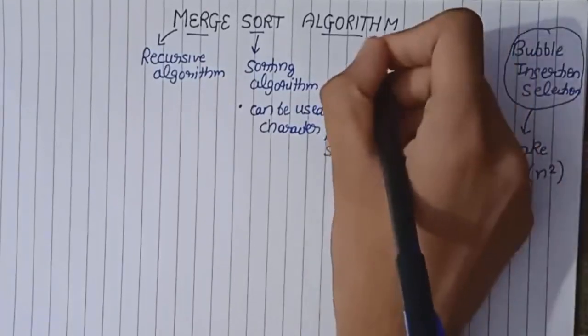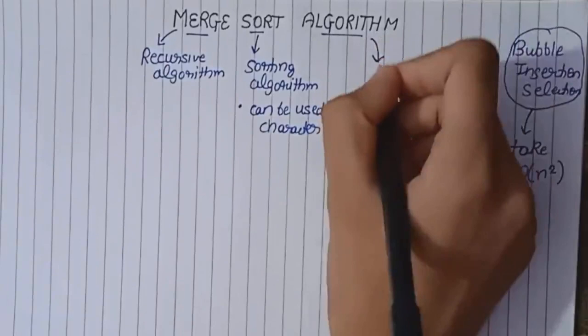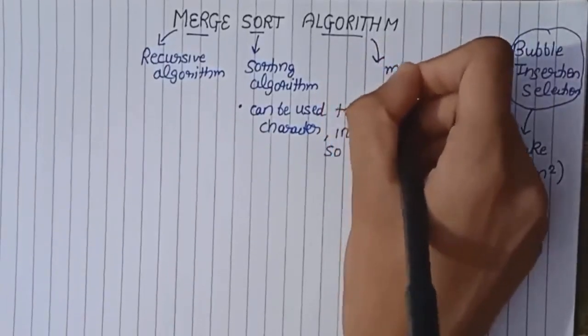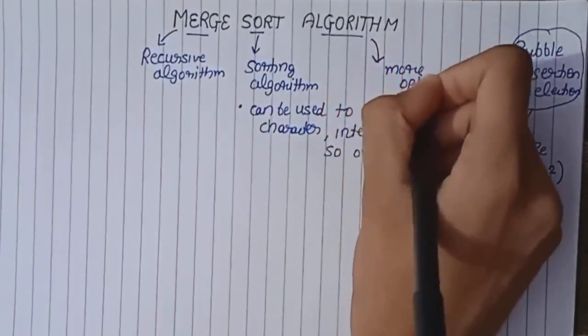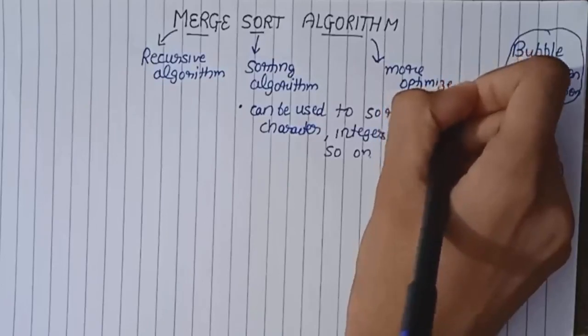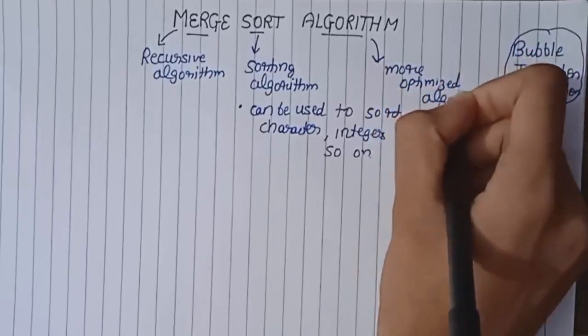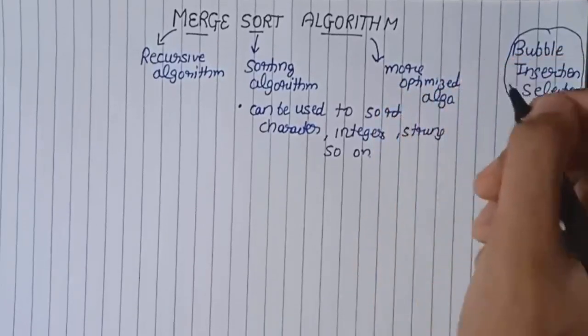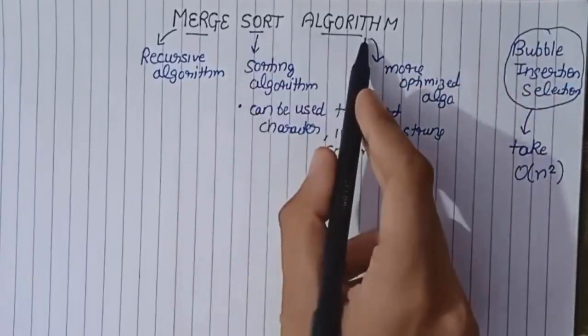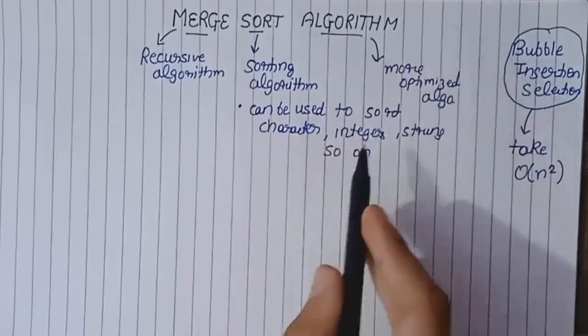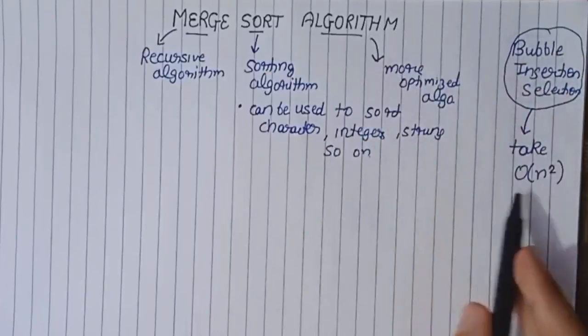But the merge sort algorithm is a more optimized algorithm. Its time complexity is much less than these three algorithms.